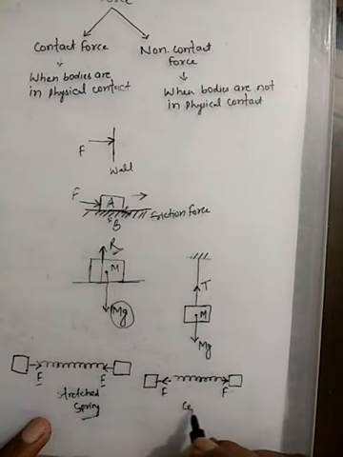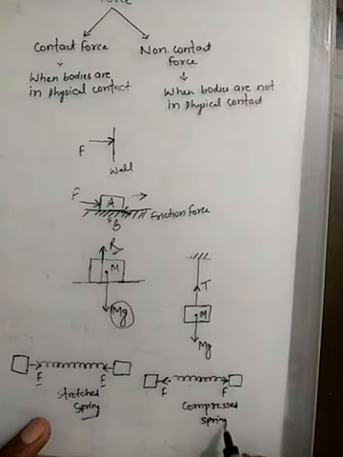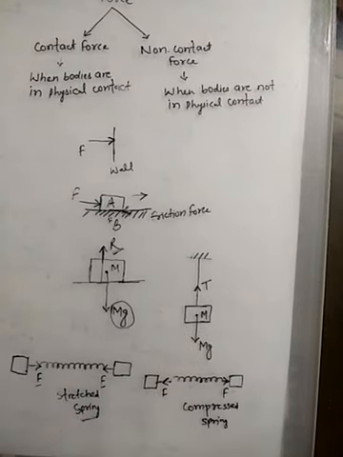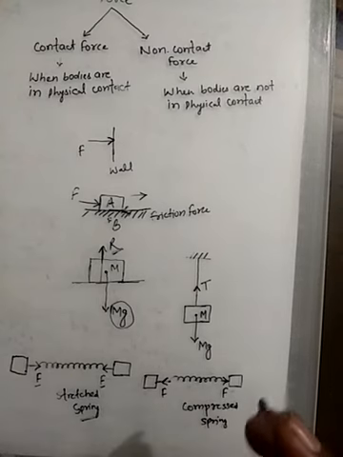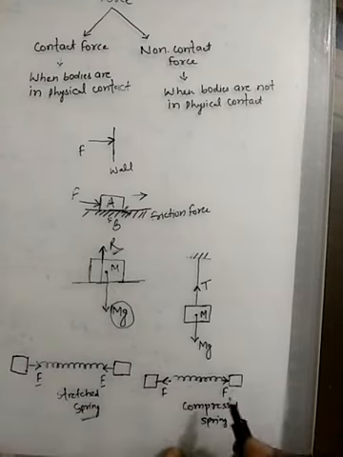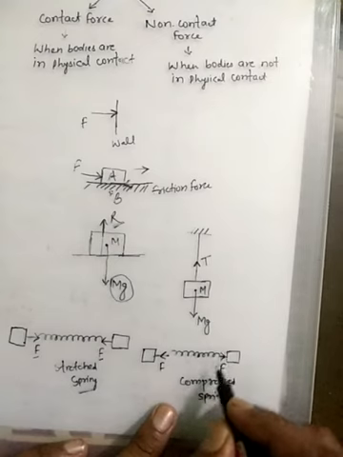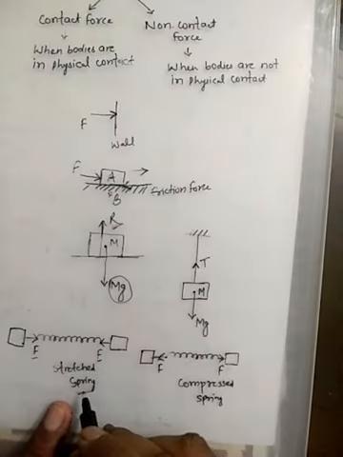This is the compressed spring, in which there is always a tendency to regain its neutral position. If the spring is stressed, then the tendency of the spring is to get back to its original position, and force is applied in this direction.